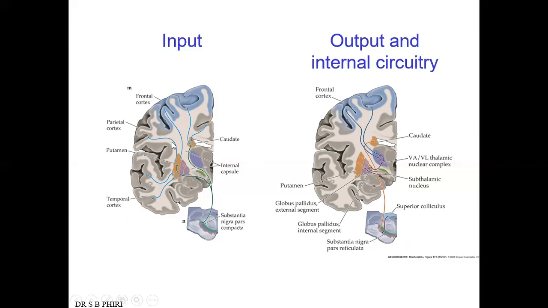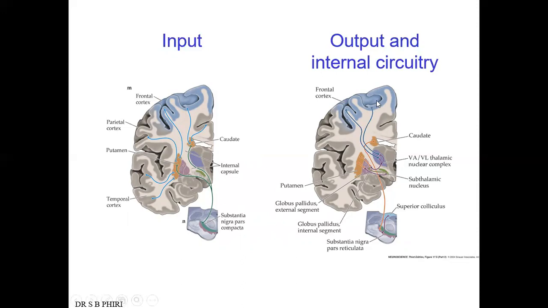So you can see these axons that are descending from the cortex. They are sending information to the basal ganglia. And the part of the basal ganglia that is receiving that information is the corpus striatum, the caudate nucleus, and the putamen. And then from here, other neurons, these are medium spiny neurons, they'll project to the other structures of the basal ganglia.